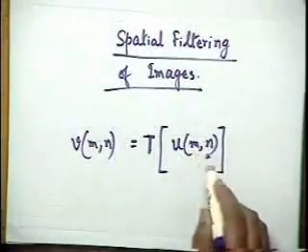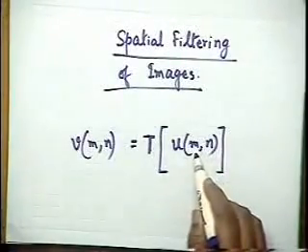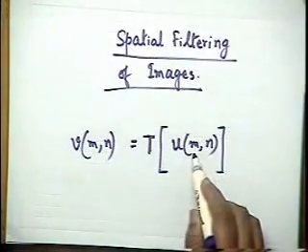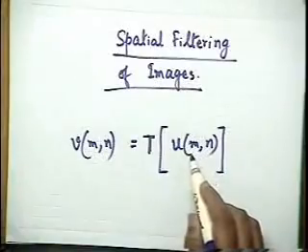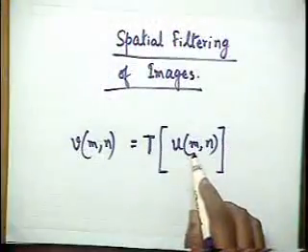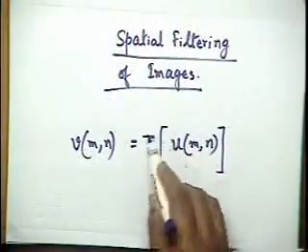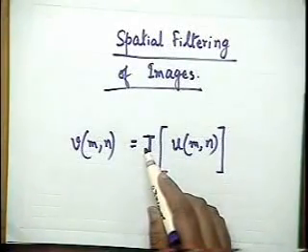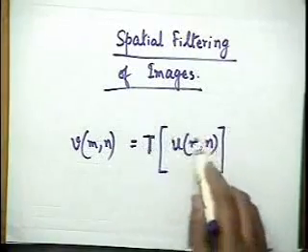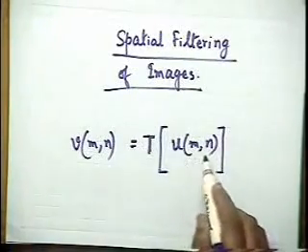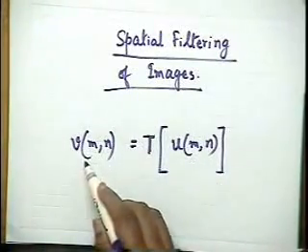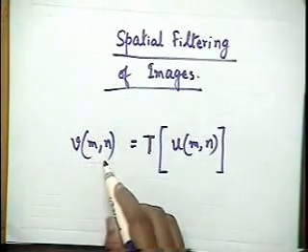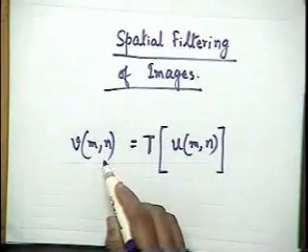That means a small zone centered around this pixel Mn is the domain of T. Or rather, a neighborhood region around Mn is considered in order to determine the pixel intensity at the position Mn for the processed image.